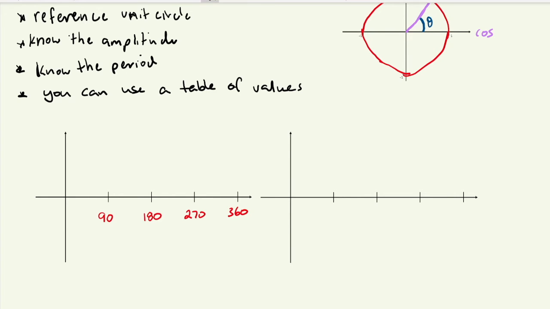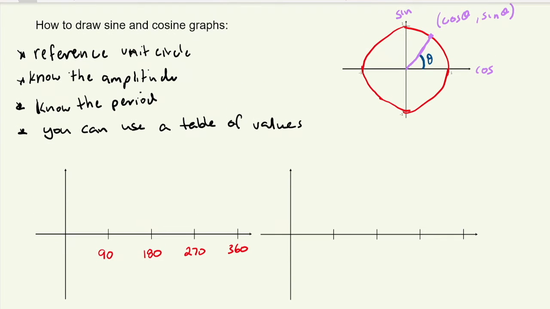Now you'll notice that that relates to our unit circle. We have 0, we have 90, 180, 270, 360. And where our curve goes is going to be related to where those marks are on the unit circle. Okay.